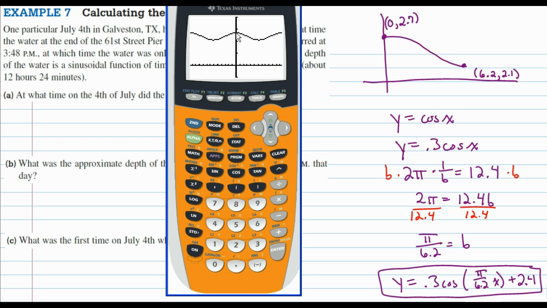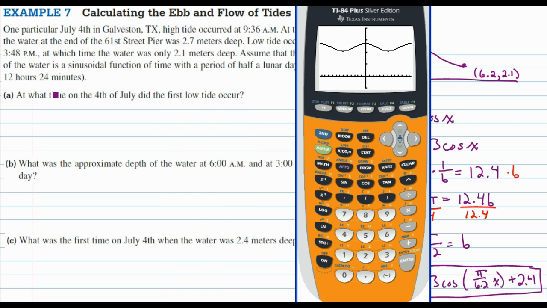All right, so I can see the part that I'm referring to. Here's the maximum on the y-axis, so this is 9:36 a.m., and then this minimum occurs at 3:48 p.m. So at what time on the 4th of July did the first low tide occur? I don't even need to minimize this.